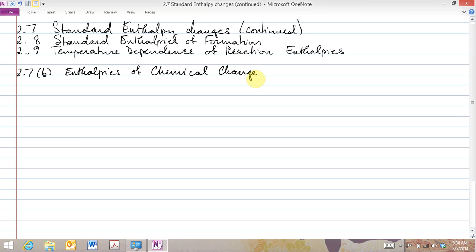This is a concept that you are familiar with. You've seen this before in general chemistry, so this should be sort of a review for you. Let's revisit this concept.